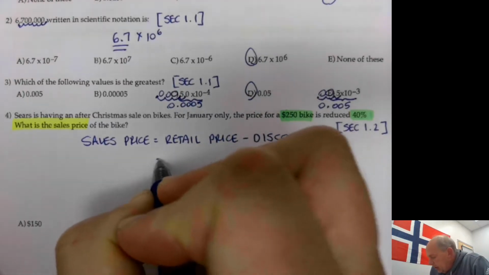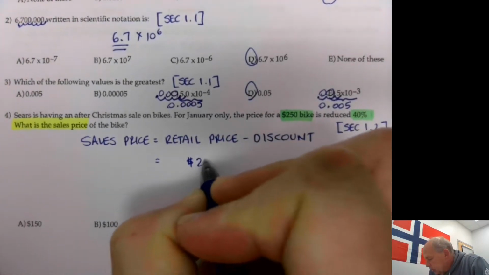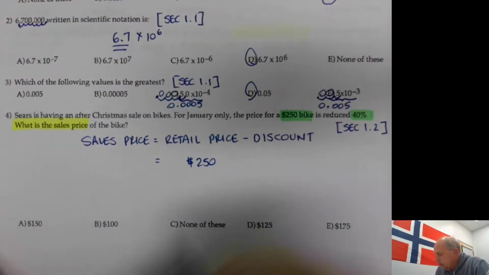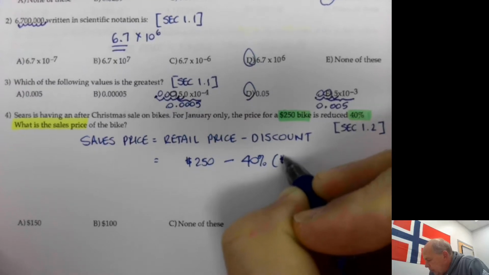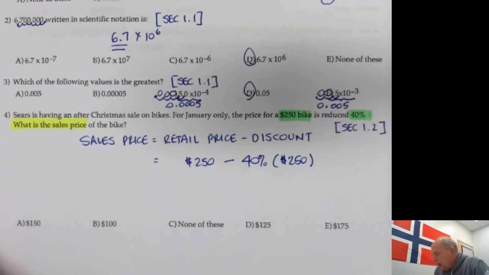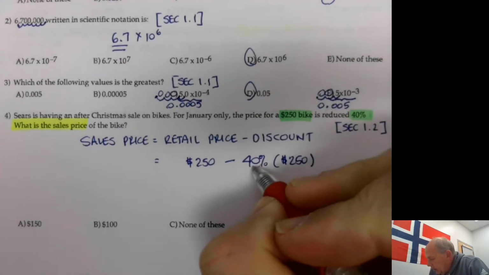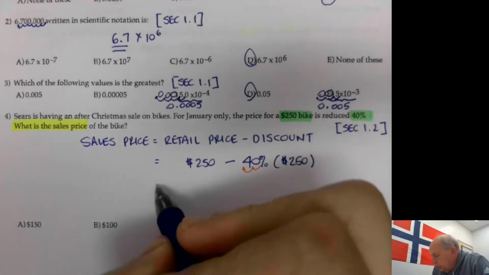So originally, this bike was $250. It was reduced 40% off of $250. So there are my values in the formula. I'm going to move the decimal over 2 places.